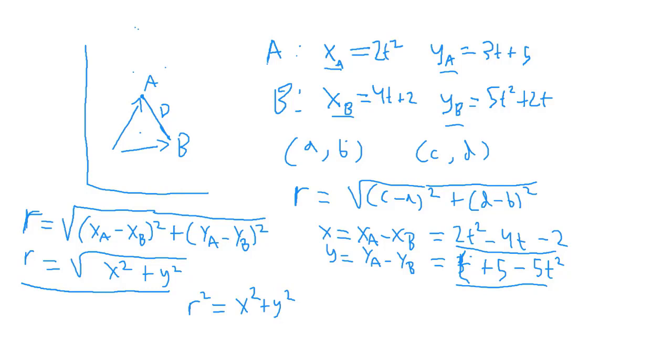Sorry, one thing I forgot to mention. Another thing we were given is that dx dt is equal to 20. We need one of our rates of change in order to solve for t. And y is t plus 5 minus 5t squared, right?